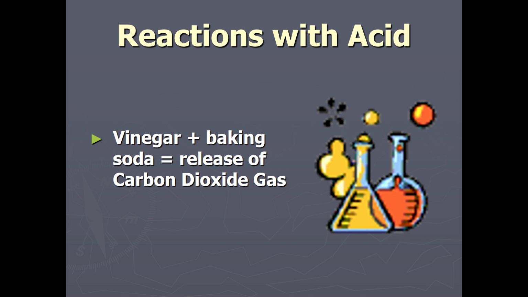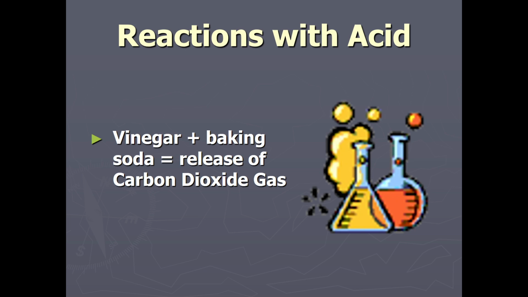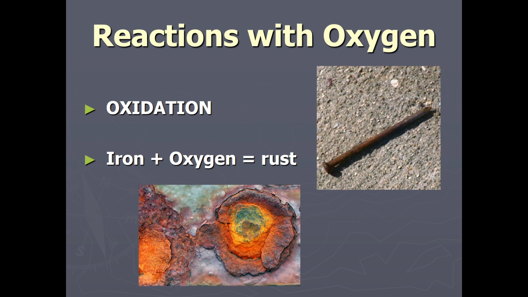Vinegar plus baking soda produces a release of carbon dioxide gas. Oxidation: iron plus oxygen is rust. Do you know what the difference between combustion and rusting is? They're both oxidation.